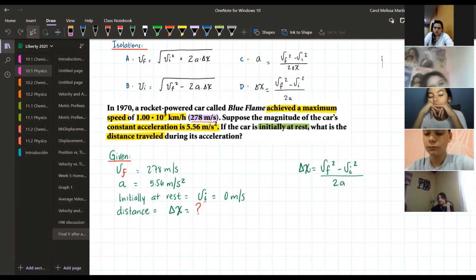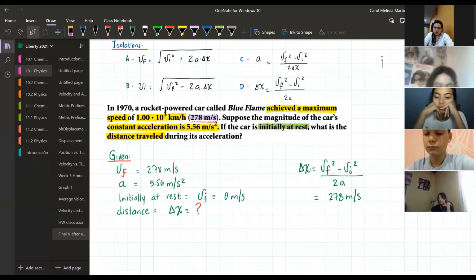Let's substitute by the givens. Remember, these are raised to the second power. And initial velocity, we know it's 0, so we can just write 0.